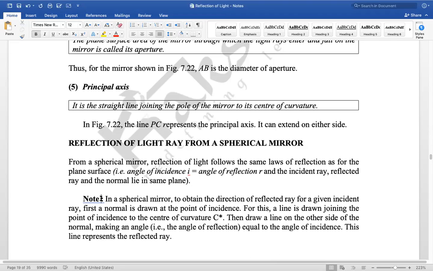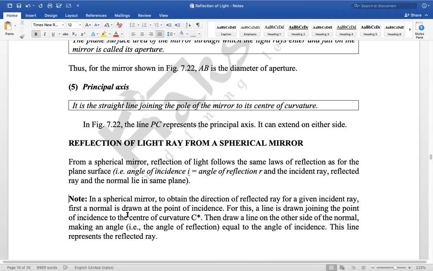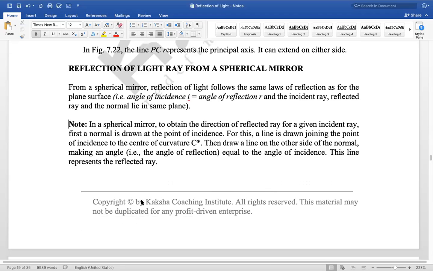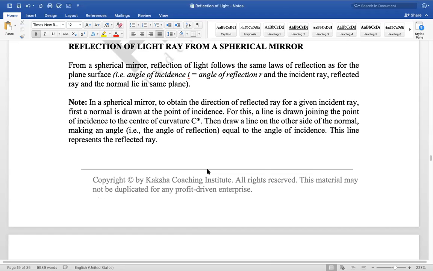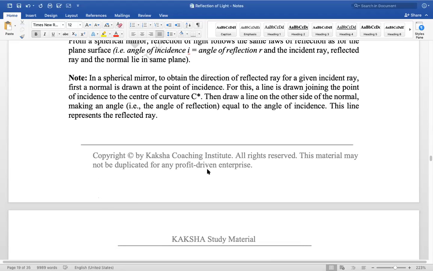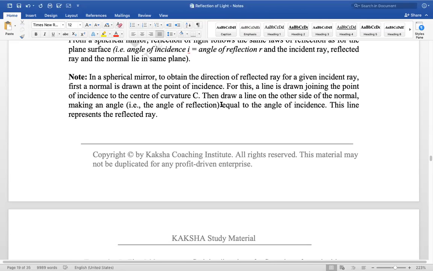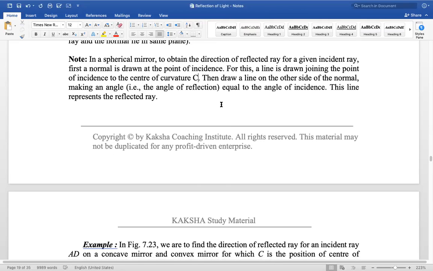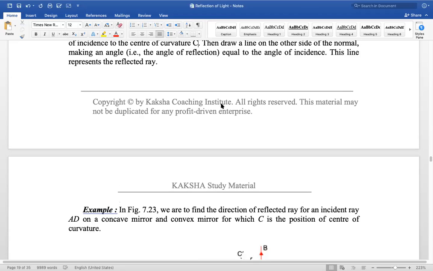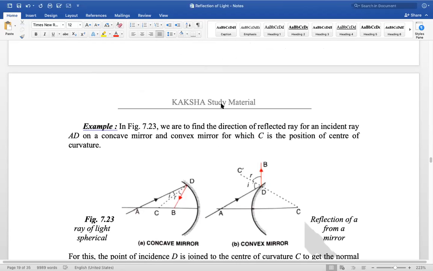Note that in a spherical mirror, to obtain the direction of the reflected ray for a given incident ray, first a normal is drawn at the point of incidence. For this, a line is drawn joining the point of incidence to the center of curvature. Then draw a line on the other side of the normal, making an angle, that is the angle of reflection, equal to the angle of incidence. This line represents the reflected ray.